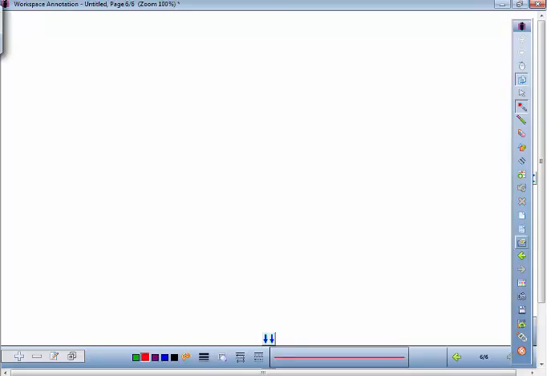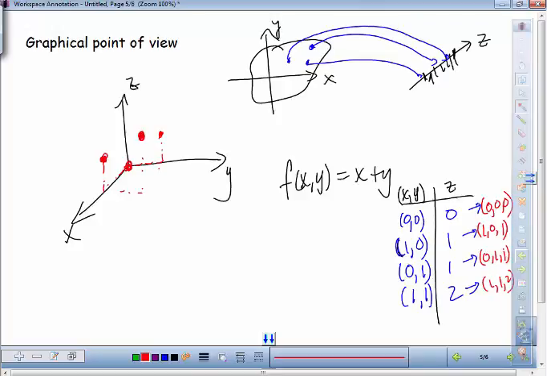Well, first of all, you guys already said it's a plane. I said, yes, it's a plane. Are these things going to be solid or just surface? What do you guys think? So these things will be surfaces. Why won't they be solids? Z is one-dimensional, and that's your output.